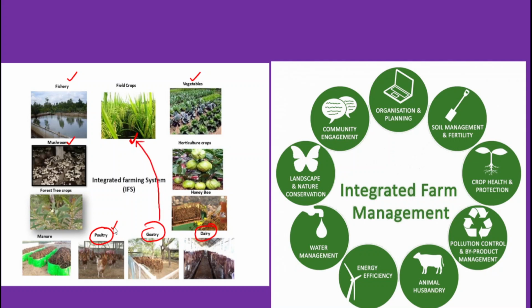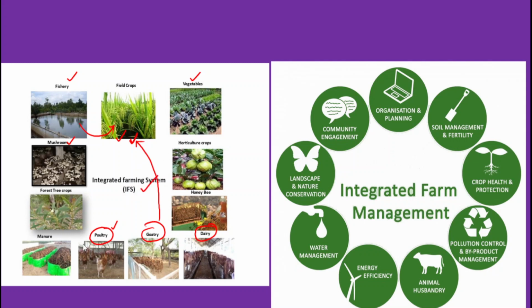The fishery water is also used for the agriculture sector, and it provides essential nutrients for the crops. Therefore, a farmer earns income through different means in the integrated farming system.